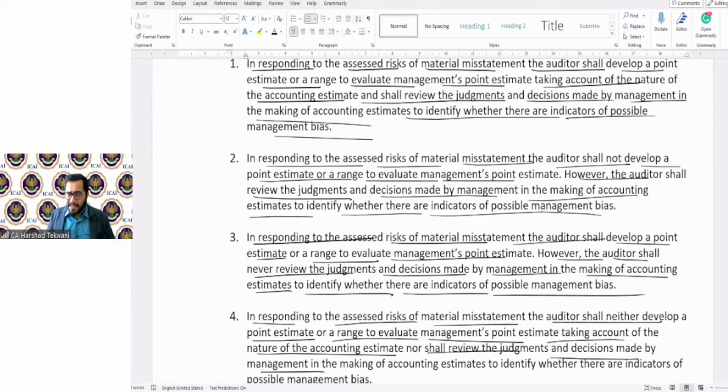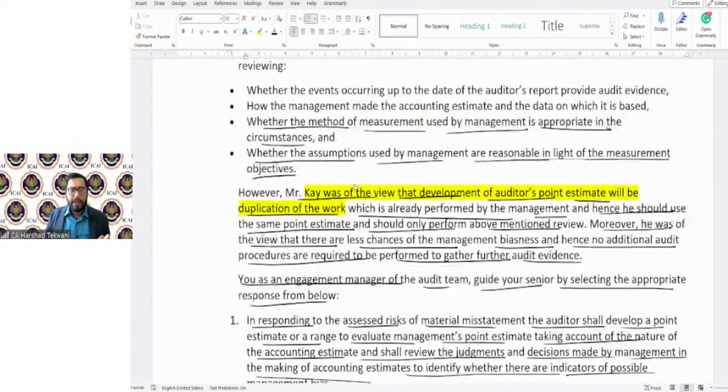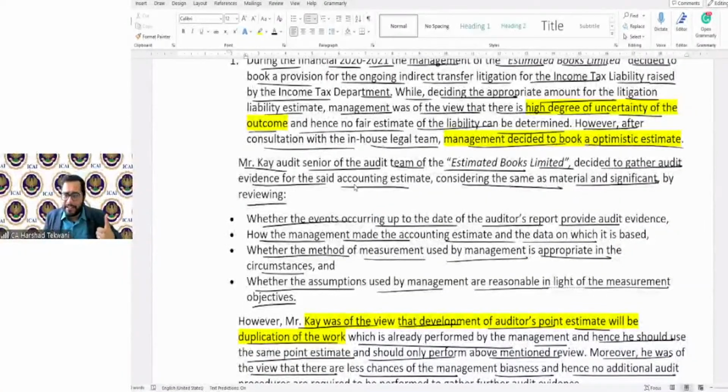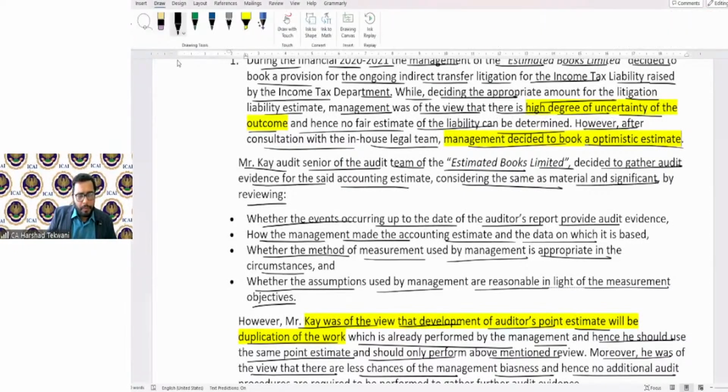Okay, let's see the answers and evaluate each one by one. First of all, let's go to the question and understand that there was a high degree of uncertainty. Management decided to book an optimistic estimate. So you have a high estimation uncertainty.